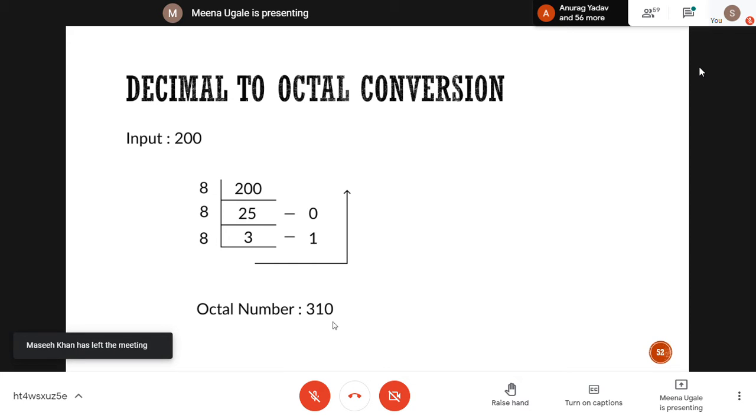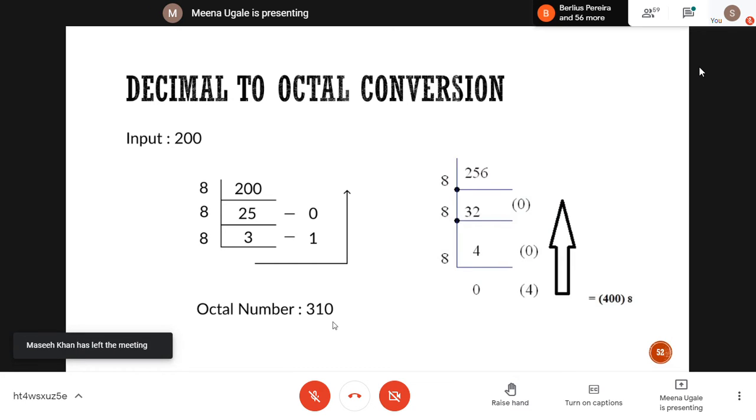Instead of 2 now, we are going for divide by 8. I will show one more example here. I want to convert this 256 decimal to octal. What I am doing? 256 divided by 8. Quotient I am getting 32. Remainder is 0. 32 divided by 8. Quotient I am getting 4. Remainder is 0 again. And 4 divided by 8.